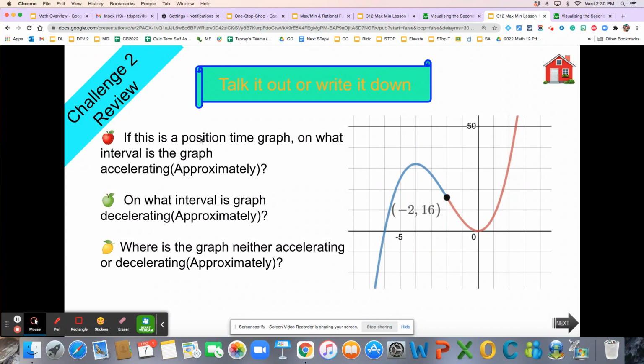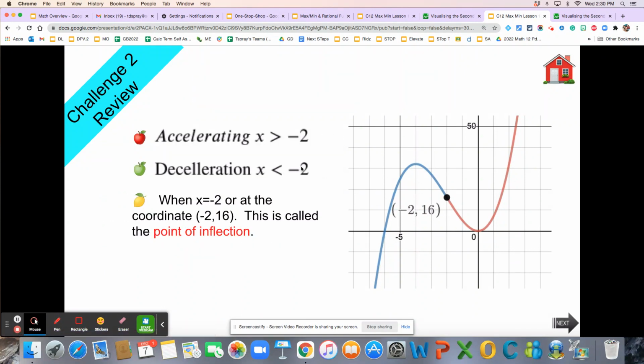So in previous chapters, we were looking at particles moving and we talked about acceleration and velocity. So if we were to say, hey, where's the acceleration negative here? We'd say it's negative right here. Okay, so it's kind of, the slope is slowing down and the slope is speeding up. So we'd say that it was accelerating when x is larger than -2, and it's decelerating when x is less than -2.